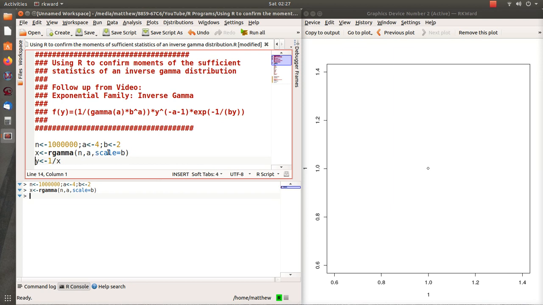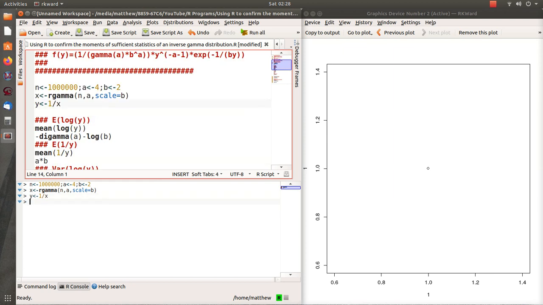Notice this scale equals B. When you say scale equals B, that puts the beta or the B in the denominator. If you leave off scale and just put B, then it puts it in the numerator. It's also called the rate. And then to generate an inverse gamma is just 1 over that, 1 over x.